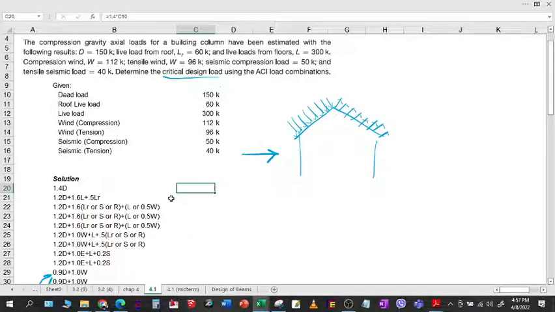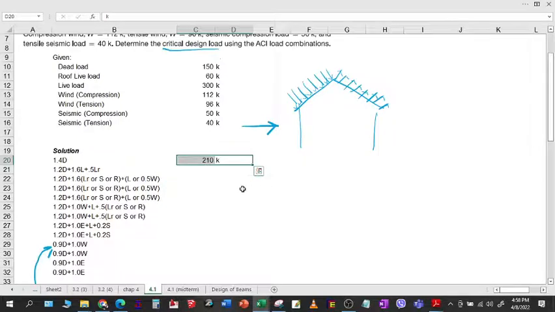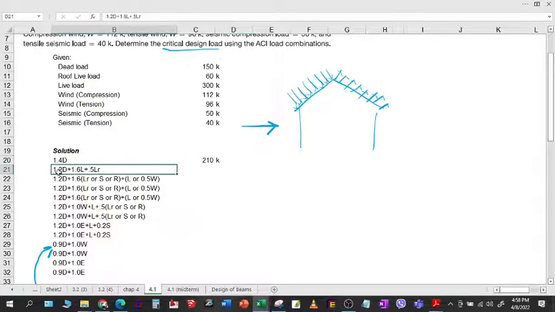For example, we have 1.4D. So that will be 1.4 times 150. And you have 210 kip. Next, we have 1.2 dead load plus 1.6 live load plus 0.5 of roof live load. So the answer is 1.2 times dead load here, 1.2 times 150 plus 1.6 times roof live load, 60.